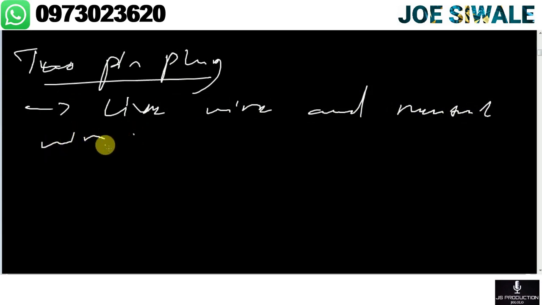This 2-pin plug is used by electrical appliances whose outer casing is made up of an insulator. Examples of these appliances are the radio and the blower.